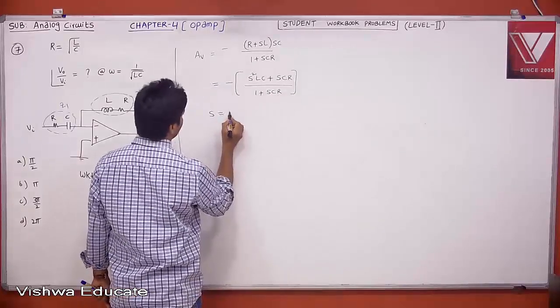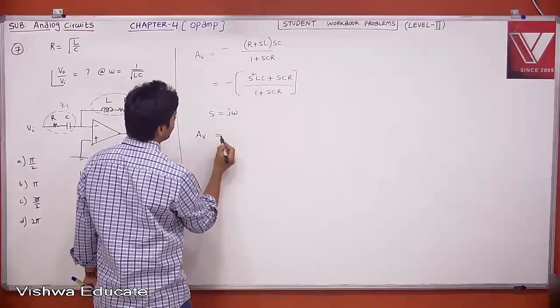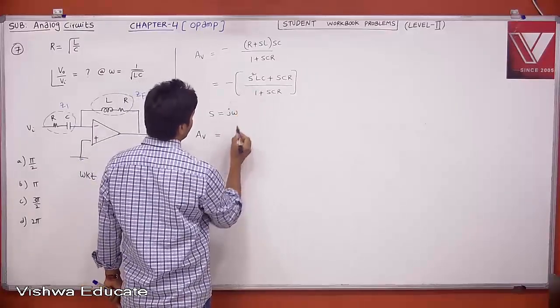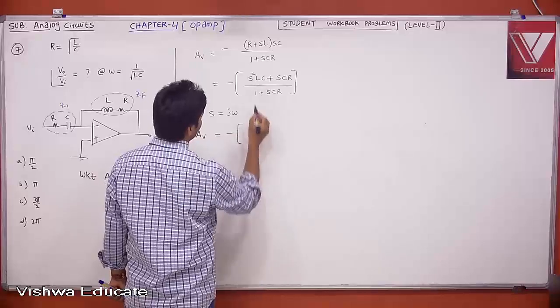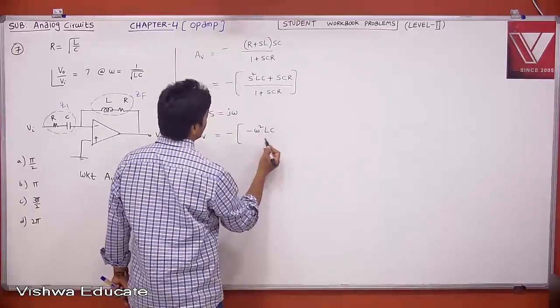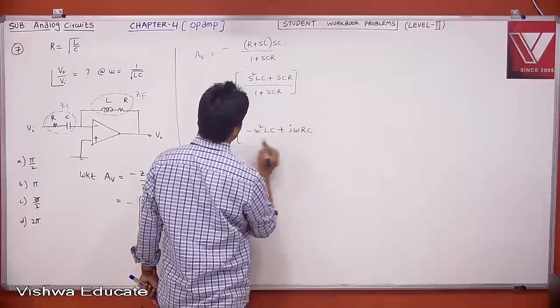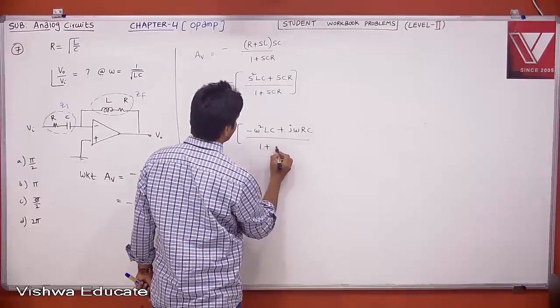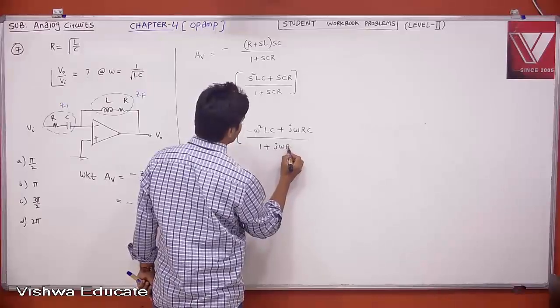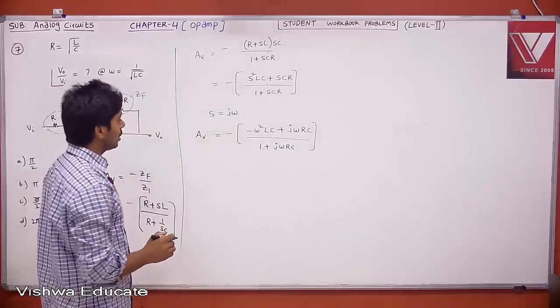Now if you substitute S is equal to J omega, then what is your voltage gain? You follow me, okay? Then J square, therefore you will get minus, then minus omega square L into C plus J into omega RC divided by 1 plus J into omega RC. Right?